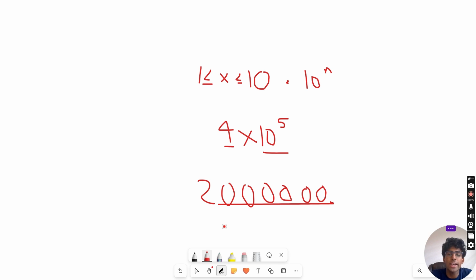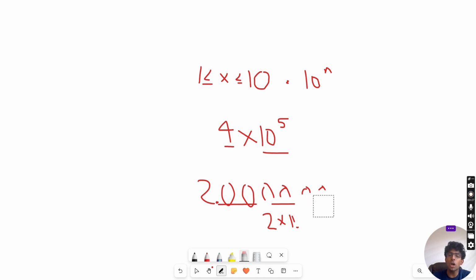That's the idea. You're counting back the number of zeros, moving the decimal place so it can get here. So you have 2 times, how many times did we move the decimal place to the left? We moved it 6 times. So that would be your n. So times 10 to the 6. So that would be how you'd write this in scientific notation.